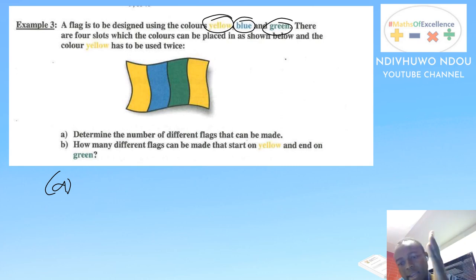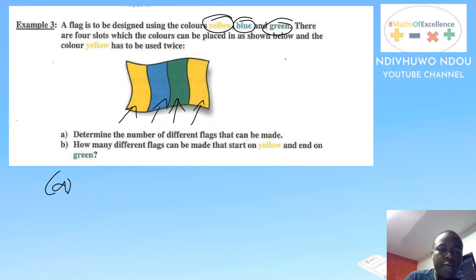So how many slots, how many choices do you have? You have 1, 2, 3, 4 slots, 4 spaces, right? So it's going to be what? 4 factorial, because you have 4 items that you have to use, 1, 2, 3, 4. You have to use 4 colors.